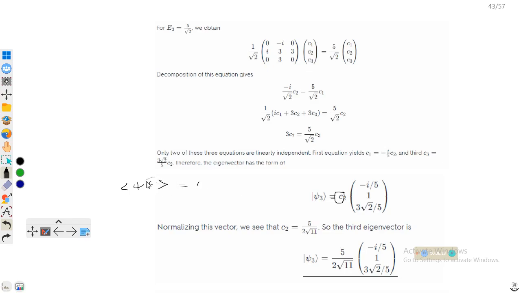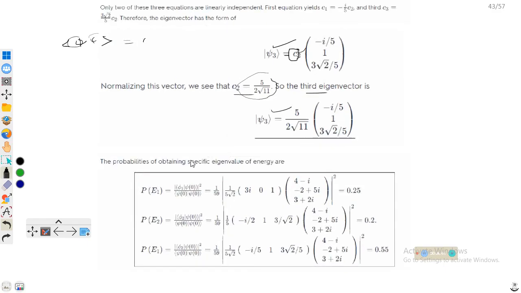We are given the ket, so if we take its complex conjugate and multiply, this should be equal to 1. So this will lead to the value of c2 as we have done in the previous questions, so I am not going to repeat it. C2 is equal to 5 over under root 5 to under root 11. The third eigenvector is this.